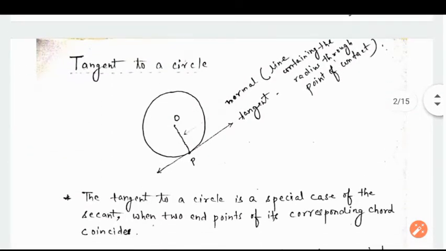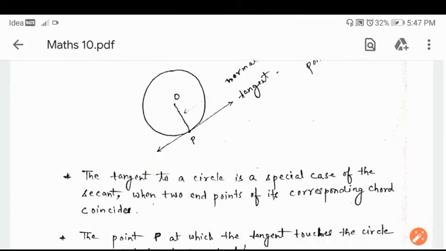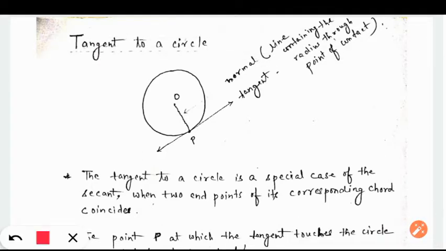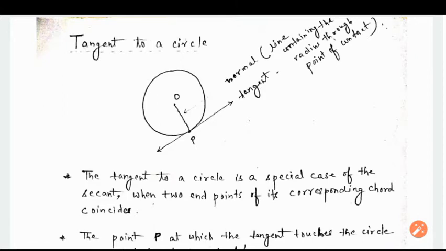Now see, here what I have written: tangent to a circle. You can see I have drawn a circle with center O, and this line is a tangent at the point P. That means this line touches the curve at the point P. Now from that point P, if I draw a radius like this, that radius is known as normal.